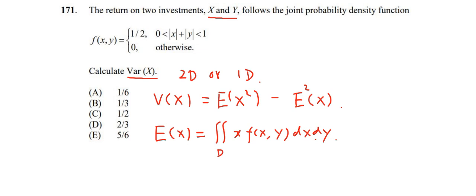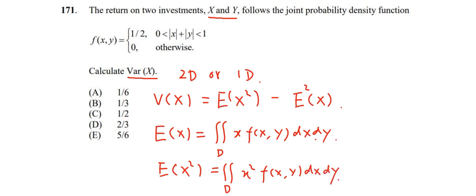And for x squared, so x squared is just this double integration, x squared f x y dx dy. So here we just regard this as a 2D double integration problem.